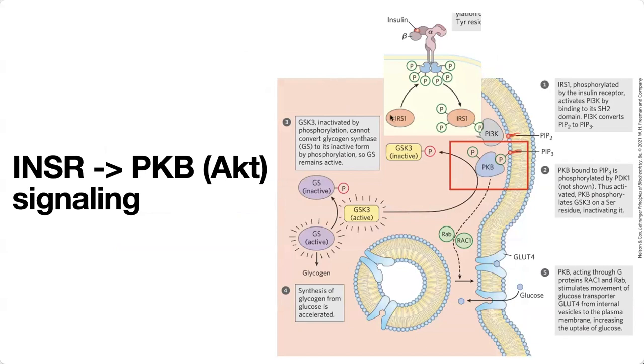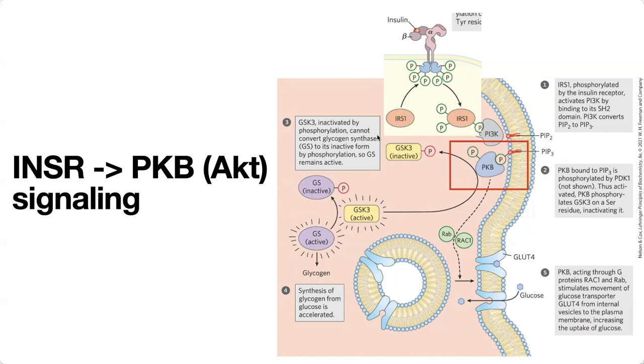So these insulin receptor substrates: the insulin receptor binds to insulin, gets activated, and phosphorylates itself, and then it phosphorylates IRS1. Phosphorylated IRS1 associates with PI3K. PI3K is then able to activate, downstream, PKB, which remember is also called AKT.